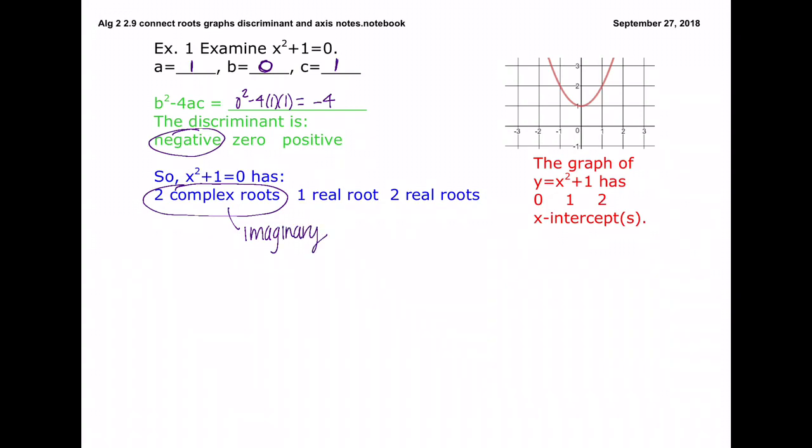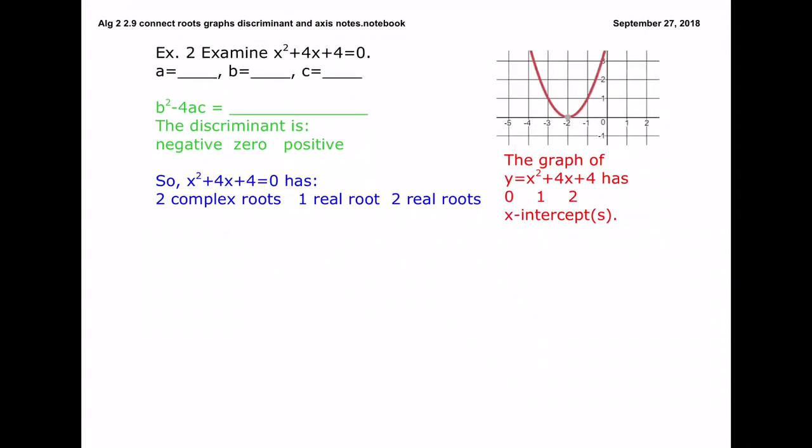You can then notice when we take a look at our graph that our graph is not ever going to cross our x-axis, so we have 0 x-intercepts. Example number 2, if we examine x squared plus 4x plus 4, our a is 1, our b is positive 4, and our c is also 4.